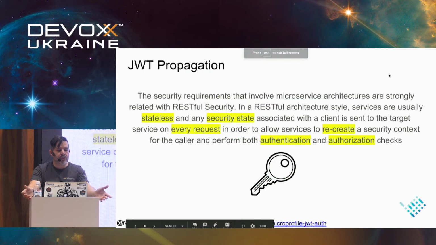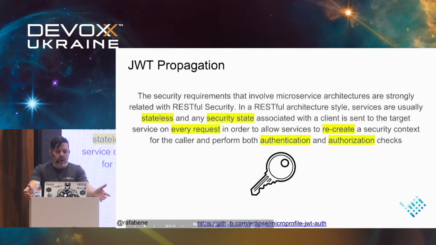Okay, JWT propagation. It's a way to provide security information between microservices. When I started to study JWT, I thought that JWT would be something like a Java technology, because every Java technology starts with J, right?